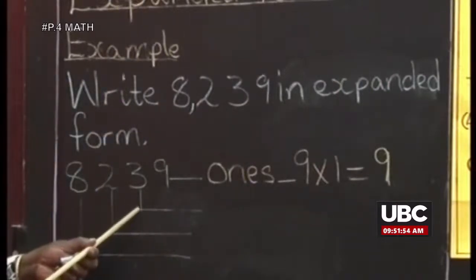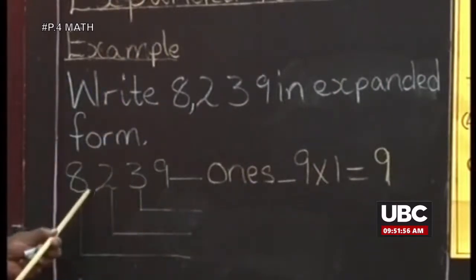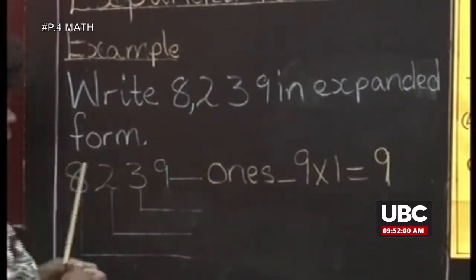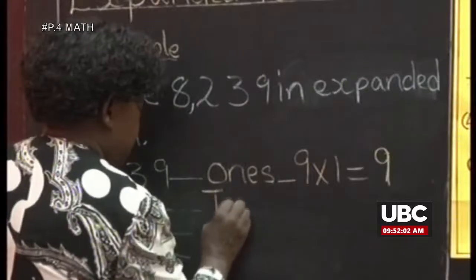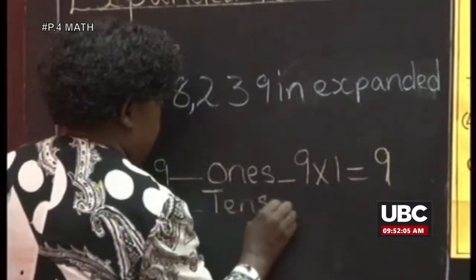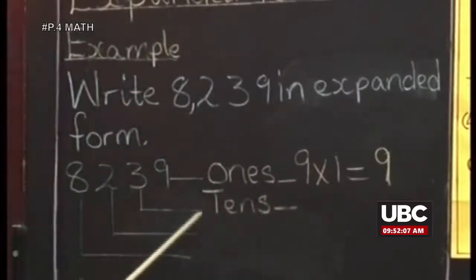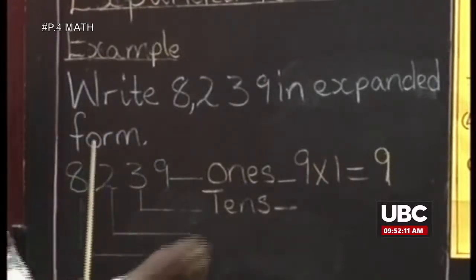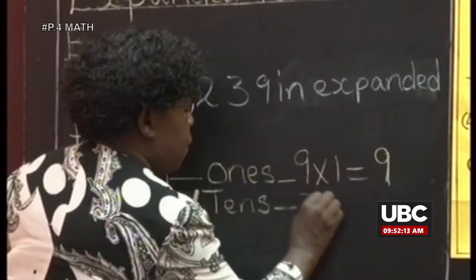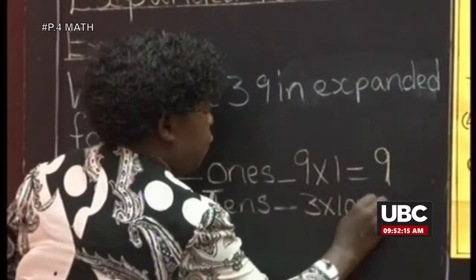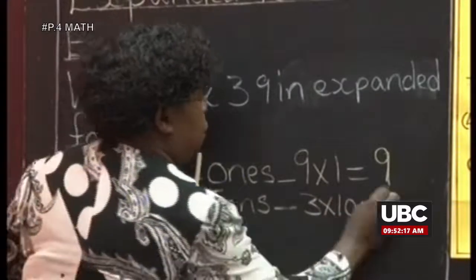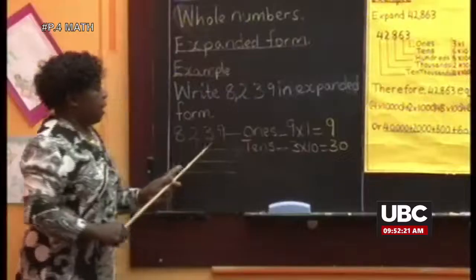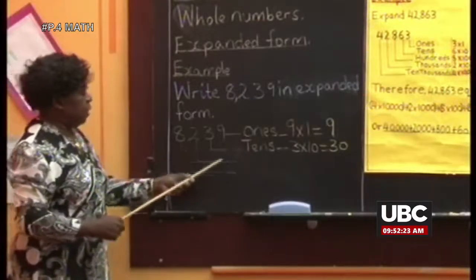And the place value of 3 in the number 8,239 is tens. How many tens? 3 tens. And so 3 tens give us a value of 30. And 2 is under the hundreds.